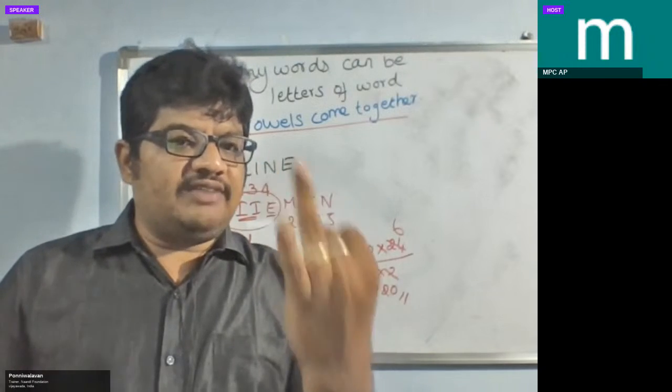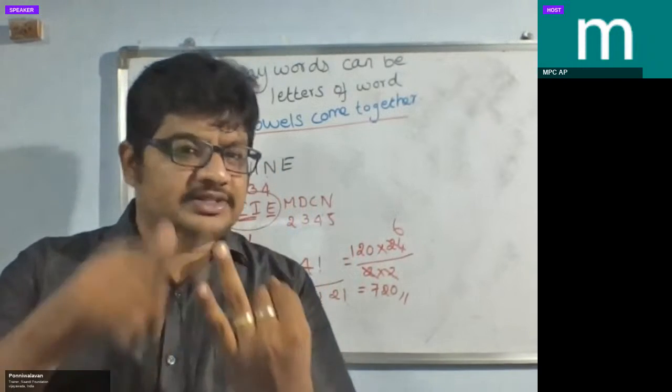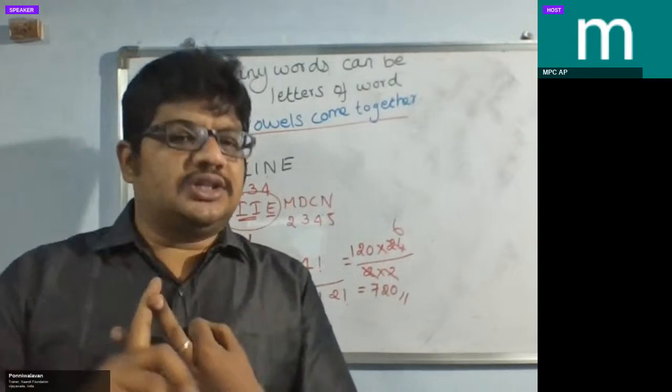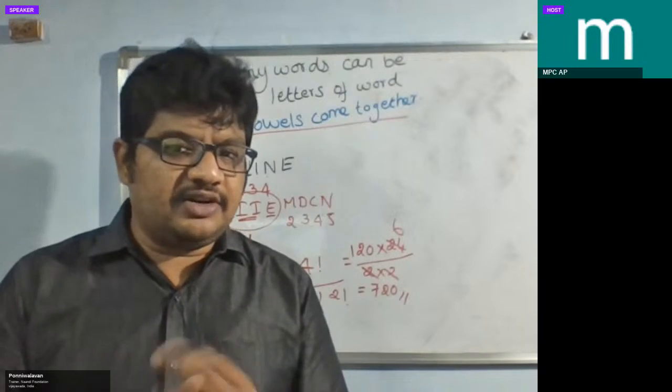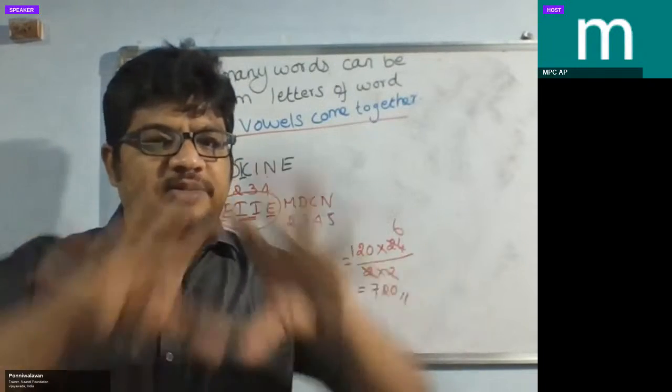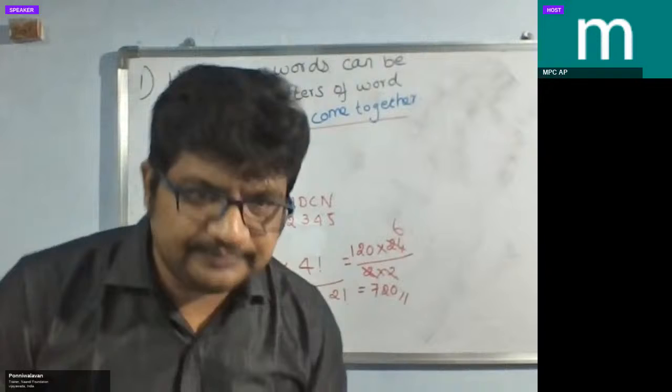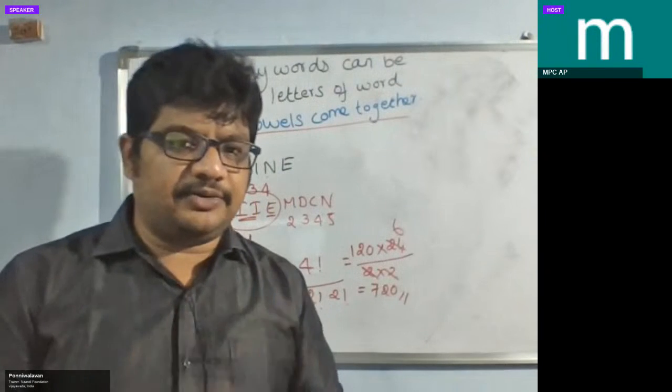So Tuesday and Wednesday we revise some more quants topics. Thursday we will discuss data sufficiency and data interpretation. Friday, we will go for an overall overview of the topics. Okay, this is the plan as of now.